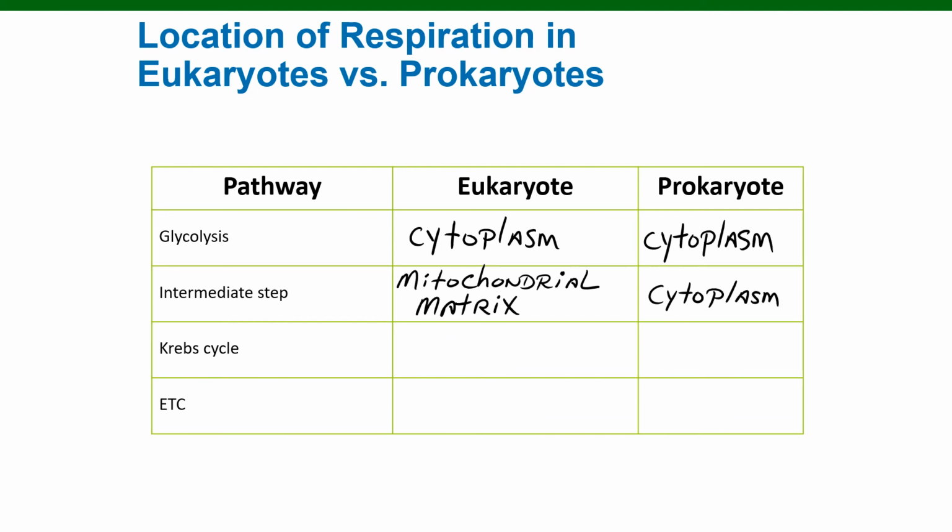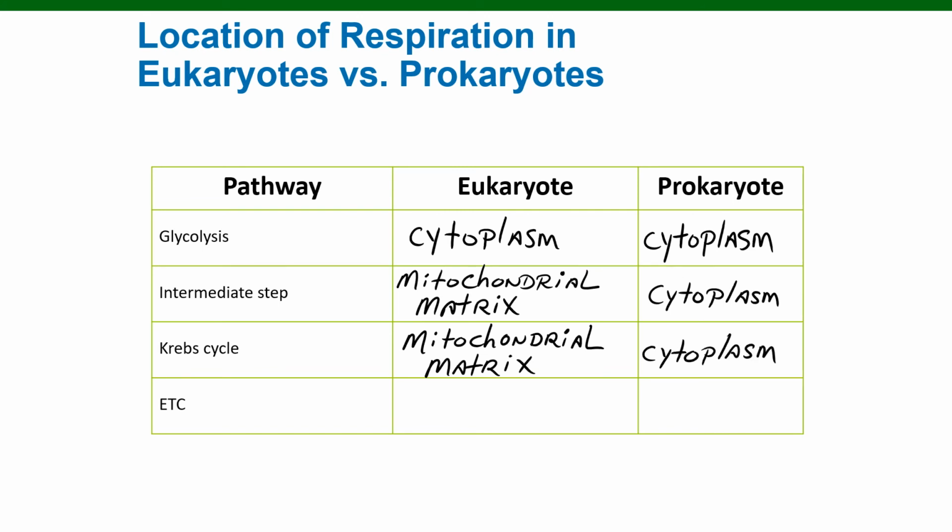The Krebs cycle comes next, and this also occurs in the mitochondrial matrix of eukaryotic cells. And once again, prokaryotes lack mitochondria, and so they perform the Krebs cycle in the cytoplasm.